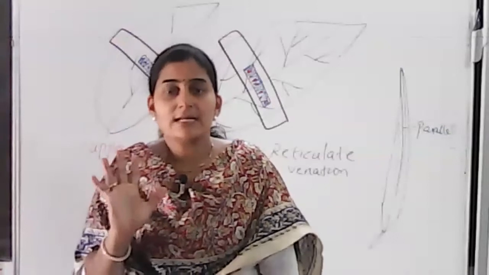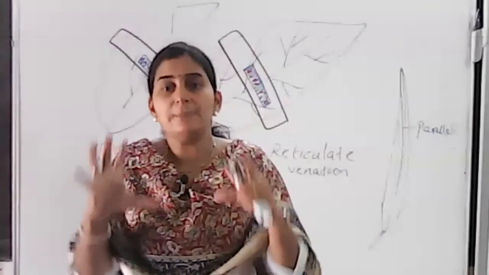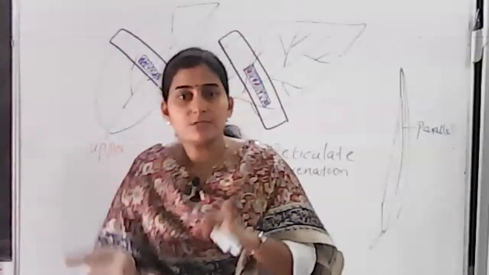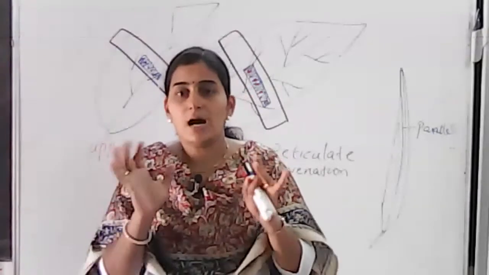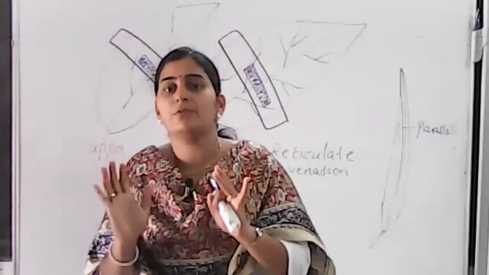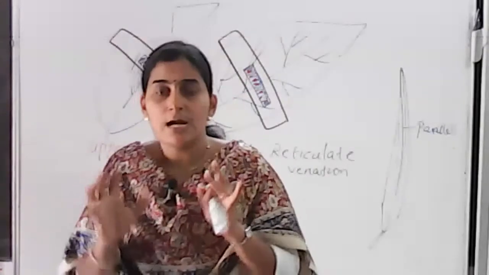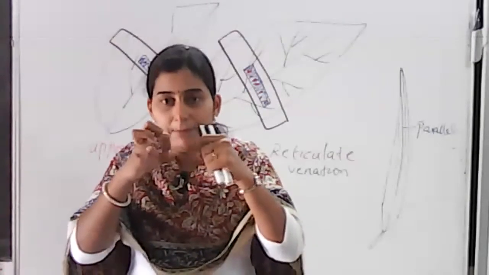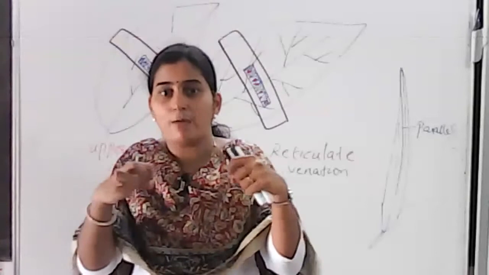And when the guard cell is fully filled with water, what happens? It becomes turgid. Last class we studied what is turgidity, what is flaccidity and all. So those guard cells, which are kidney shaped or bean shaped, get fully filled with water and become turgid. It becomes turgid means what? The inner walls will move apart, or it will be stretched backwards.